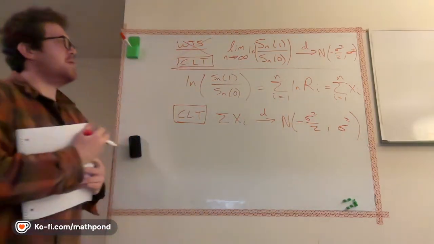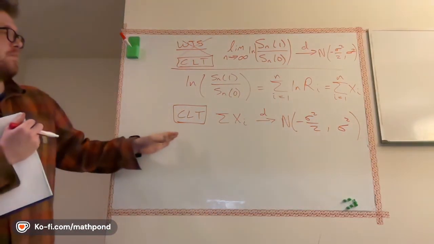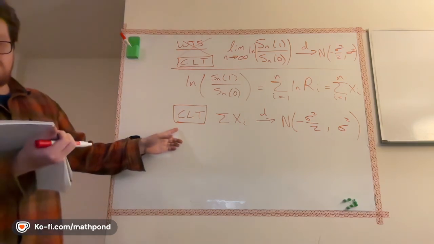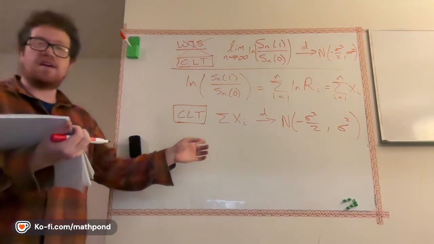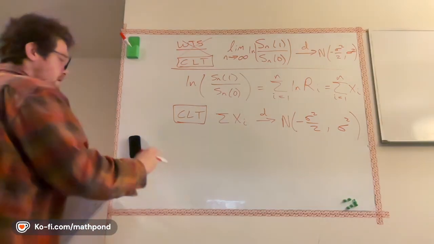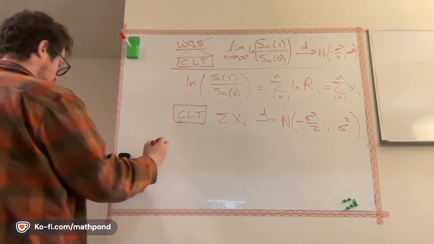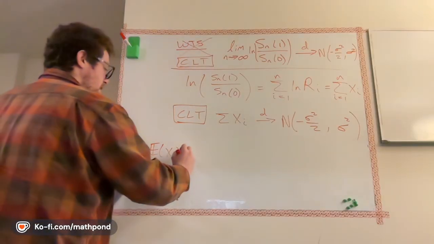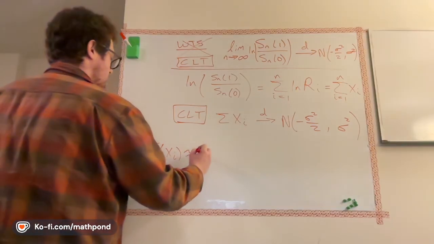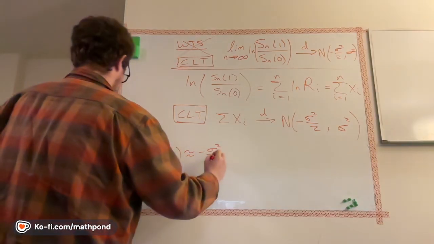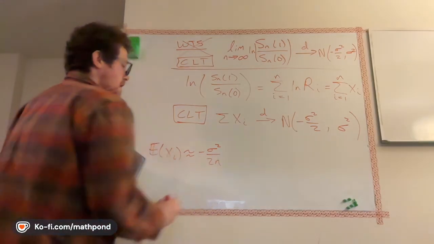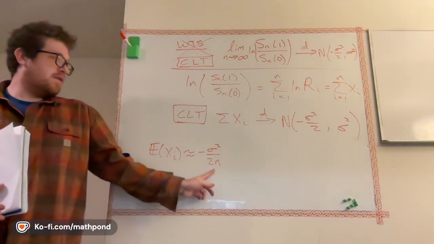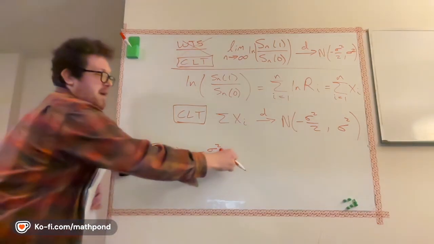Yeah, because the variance was getting closer and closer. Here, I erased what I had before, but maybe it's important to have it. So the expected value of each xi was approximately negative sigma squared over 2n, and then a bunch of terms that didn't matter, right?